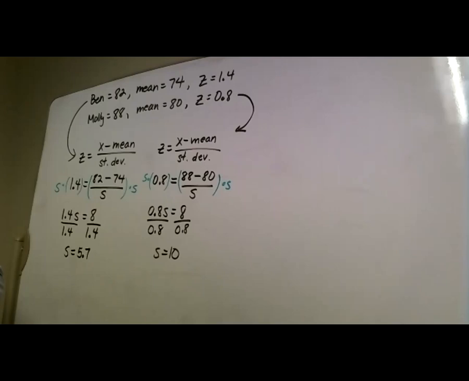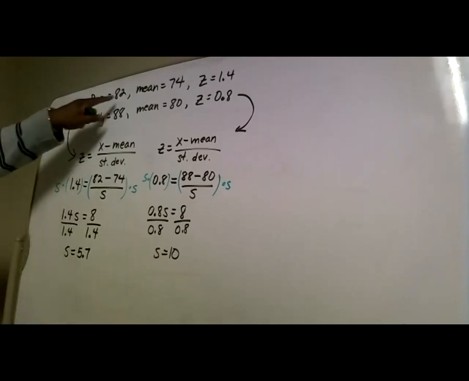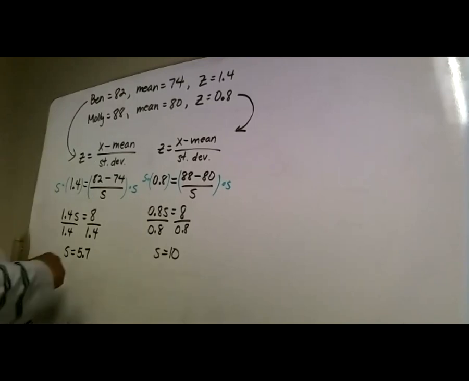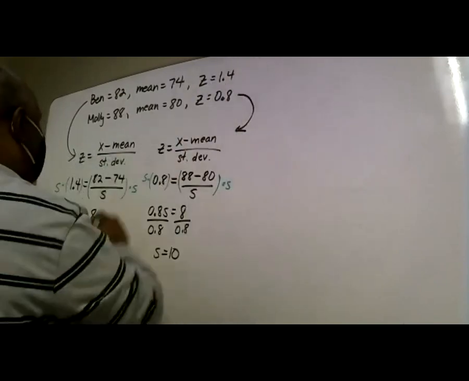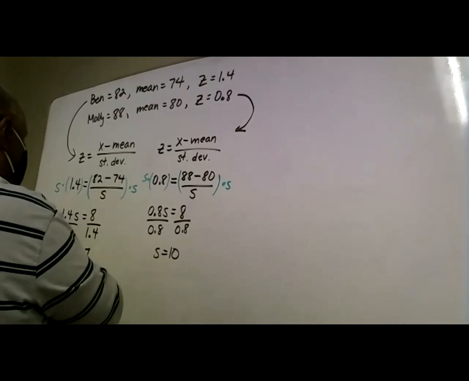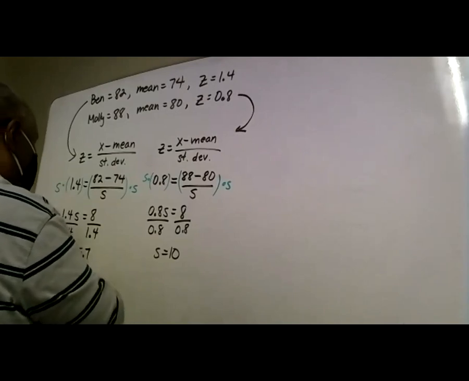So now we need to find out which class had test scores with more variation. Okay, so these are for history. I should say here, this is for history down here.